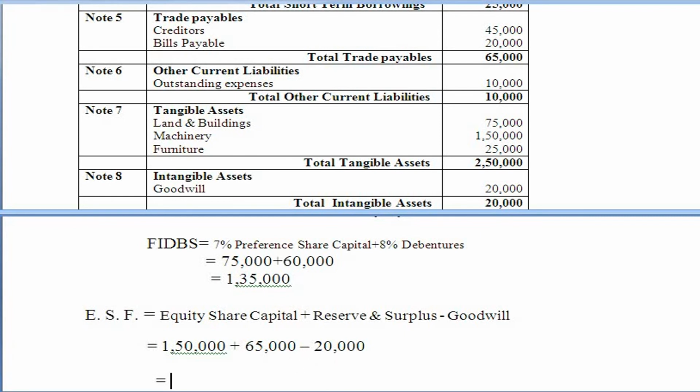So total it is how much? 1,50,000 plus 65,000 minus 20,000. Equity shareholders fund is 1,95,000.